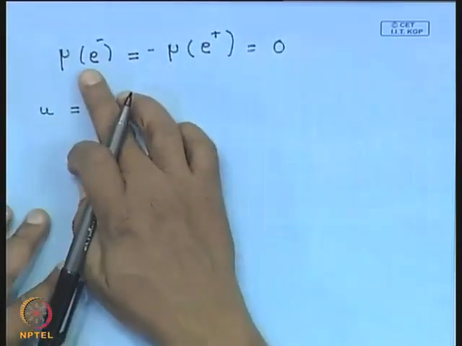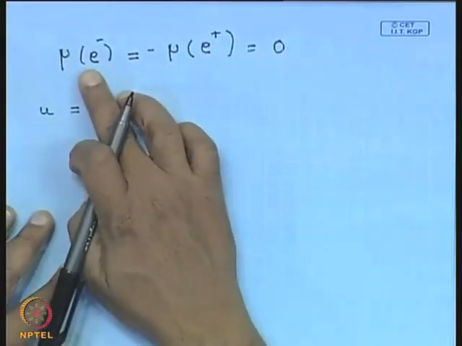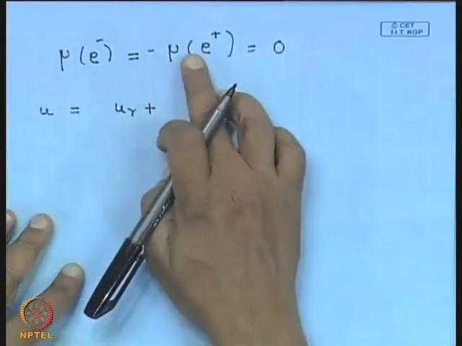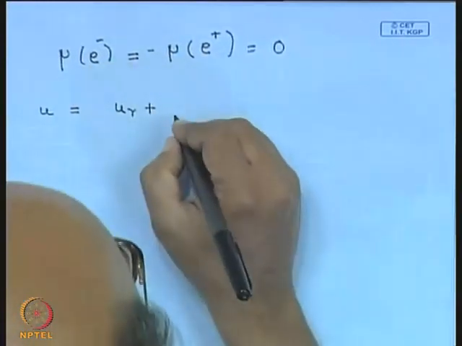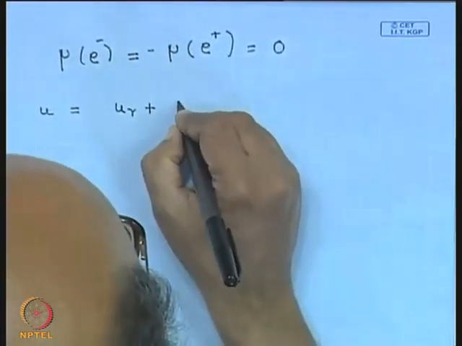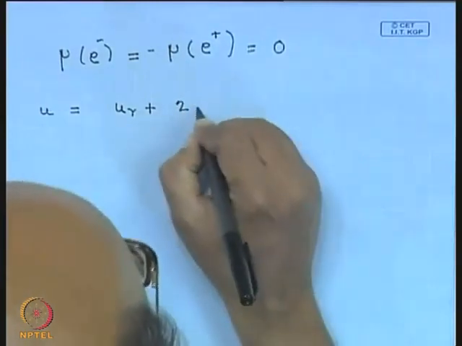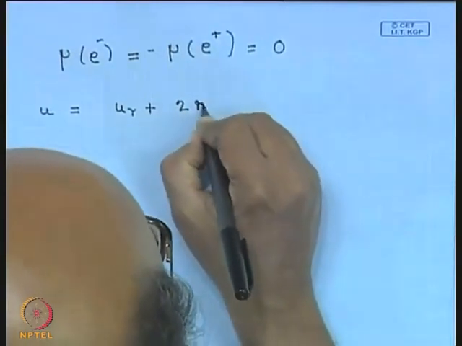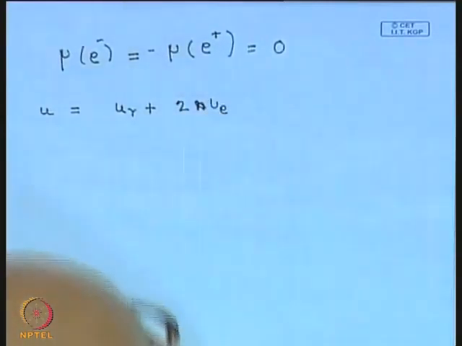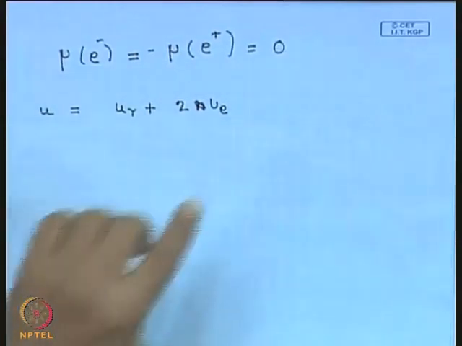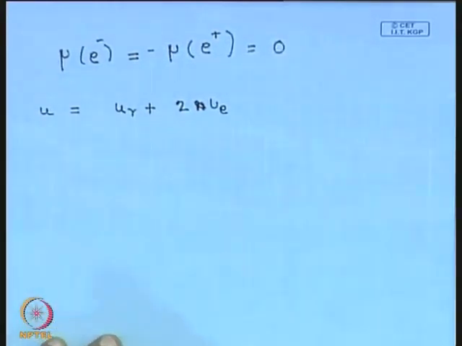Each of them has spin half. So the electron and the positron will both contribute, so there will be a factor of 2 basically in the energy density of electrons, which is a fermion, because the positrons are also there.